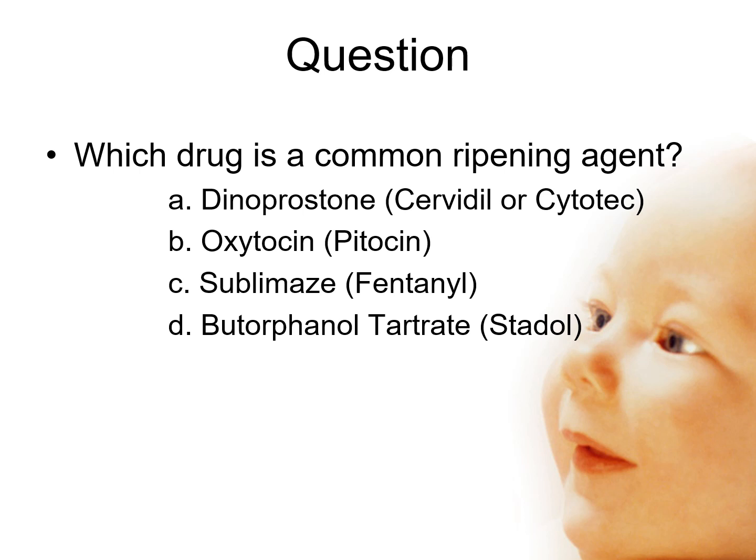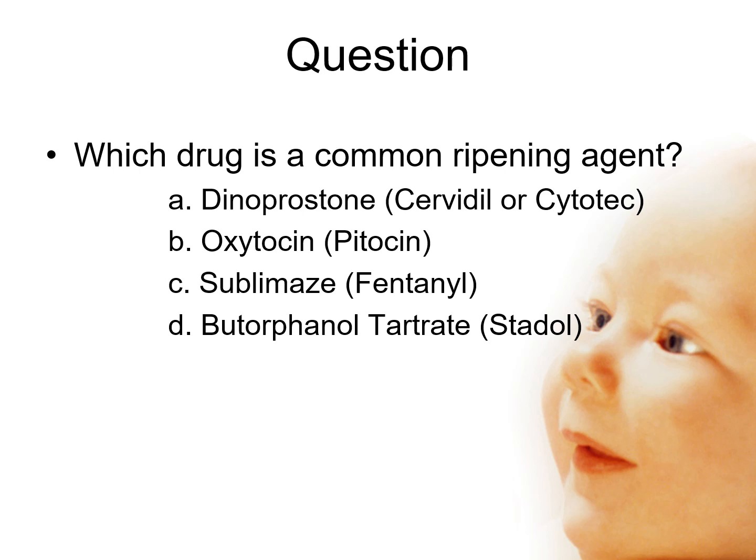Pitocin is more of an augmenting agent, but we do use it for induction, but that's only if they have a favorable cervix. We'll talk a little bit about the Bishop score, which is really what we go by. There is a Bishop score chart in your required reading. I want you to take a look at that because you're going to have to know which score they have to be to qualify for Pitocin and what kind of score they're going to need to qualify for cervical ripening.